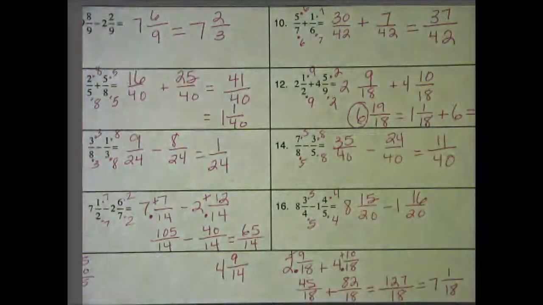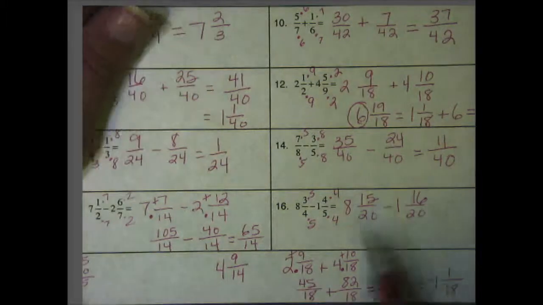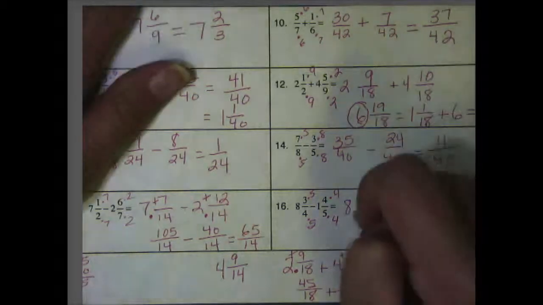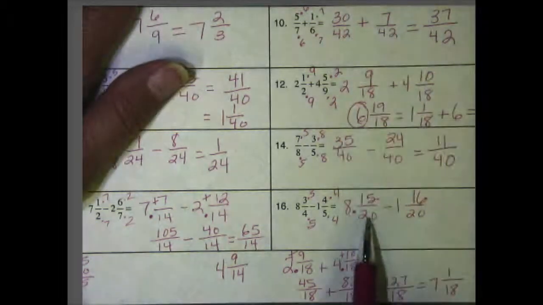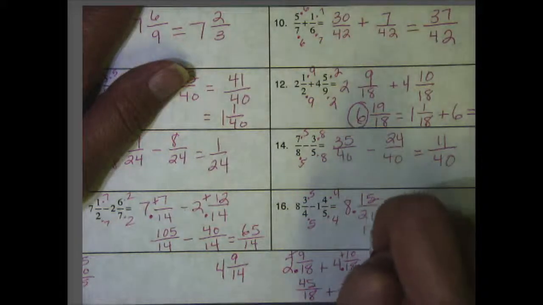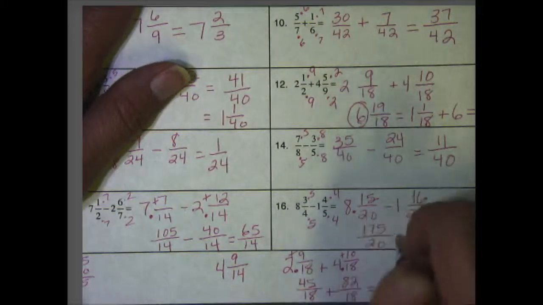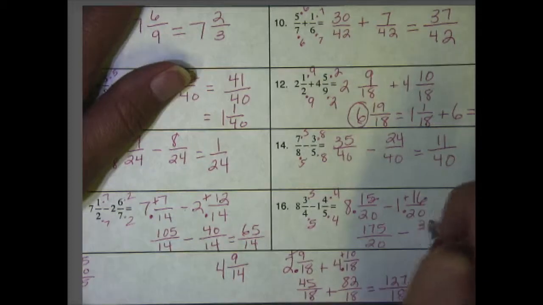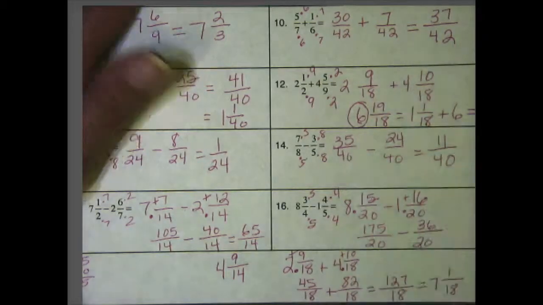Now remember, this is a review, so I'm moving pretty quickly on changing these to common denominators. Now, again, I see 15 minus 16 is going to give us a strange number, so the best bet is to go ahead and change them to improper fractions. So 20 times 8 is 160, plus 15 is 175 over 20, minus 20 times 1 is 20, plus 16 is 36 over 20.